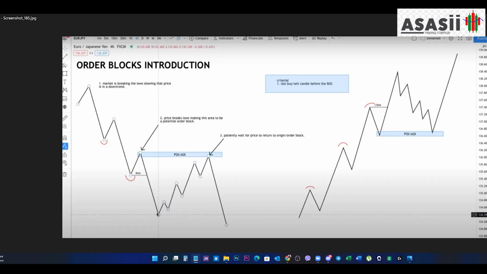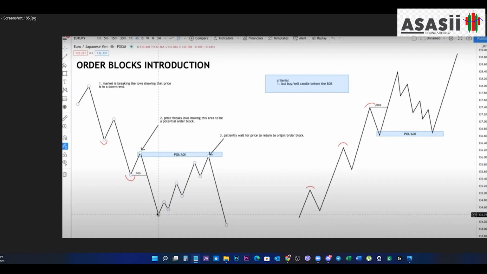Normally, that is the part where the whales, the big boys, the banks trade, so they can get bigger bulk orders. And normally, the market reverses at the order block. So we will make a simple presentation for order block, and also we will discuss the breaker block.